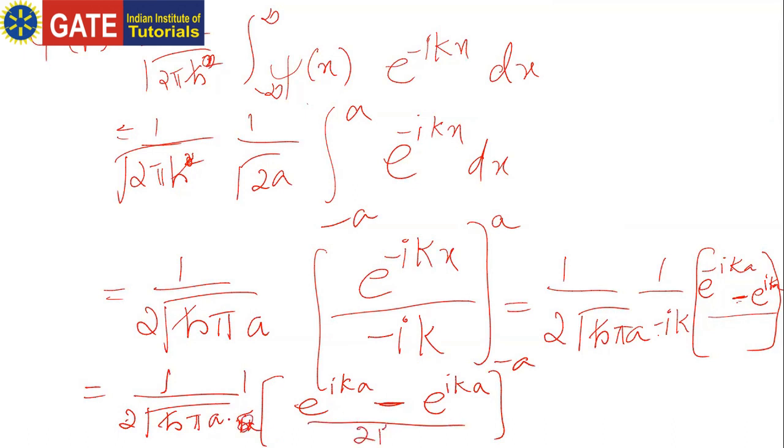You have 1 by k, and your answer will be 1 by under root h cross pi a into 1 by k into sin ka.